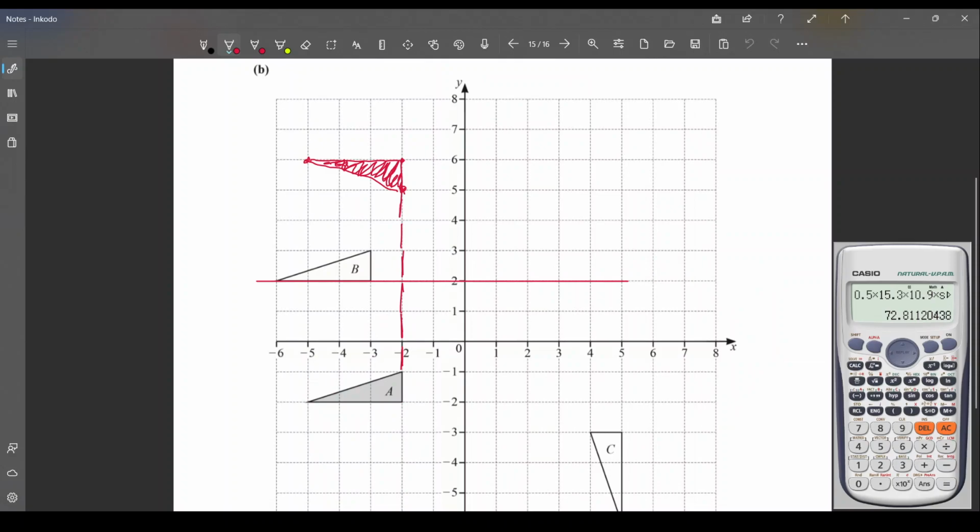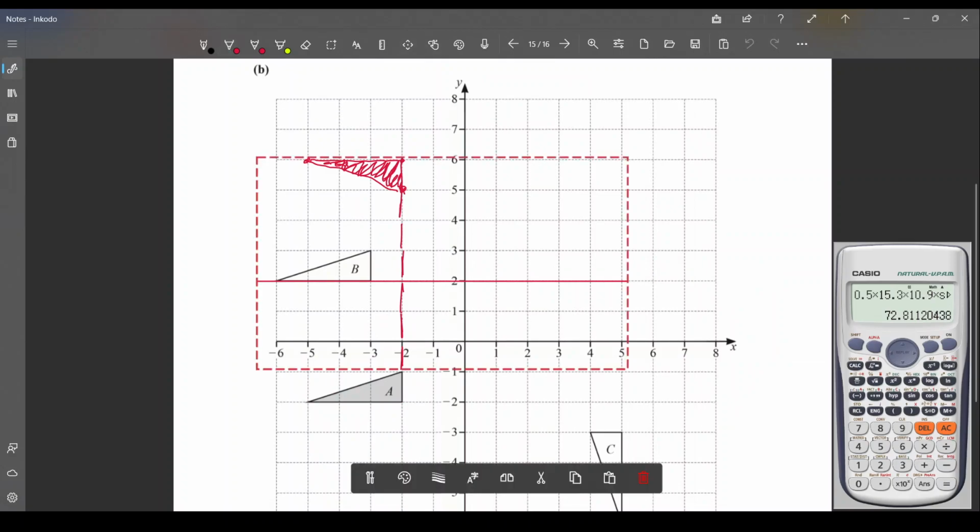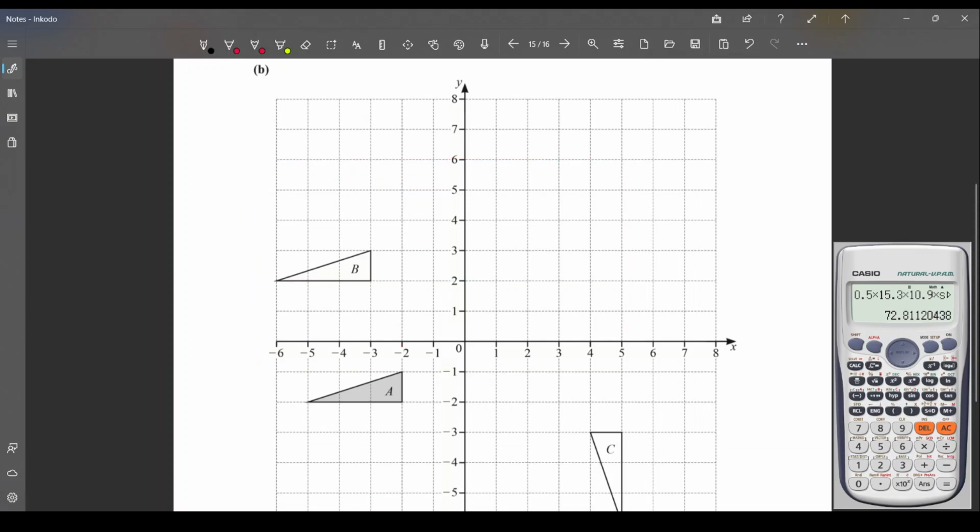So I'll erase all these things. The center of enlargement is given as (-1, 1). So this point is the center of enlargement.